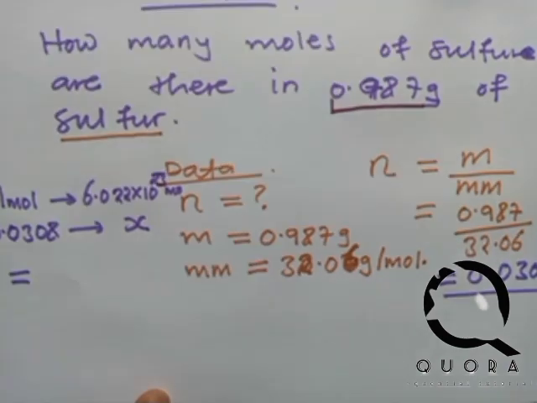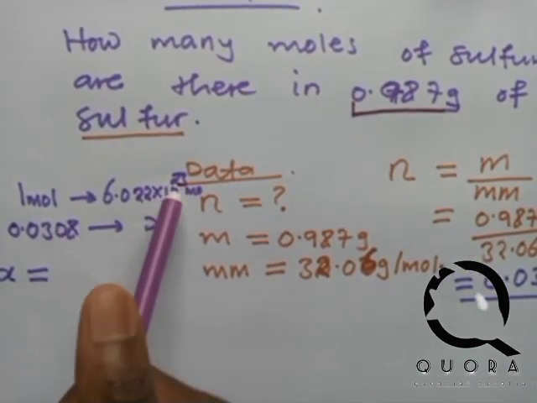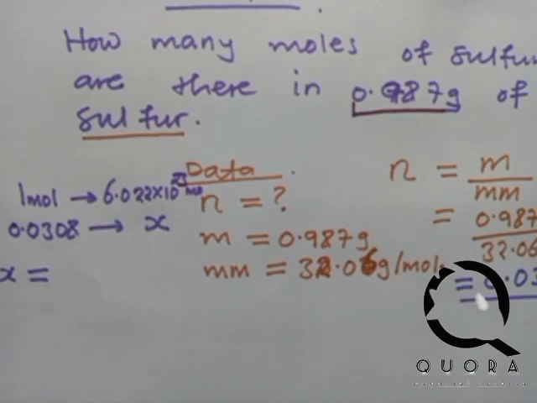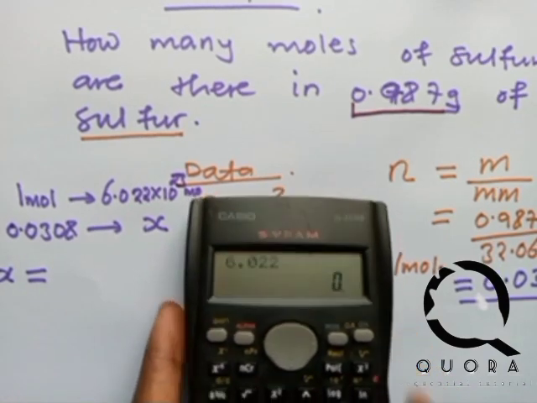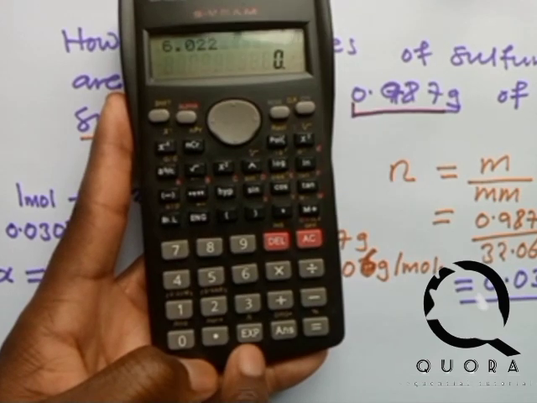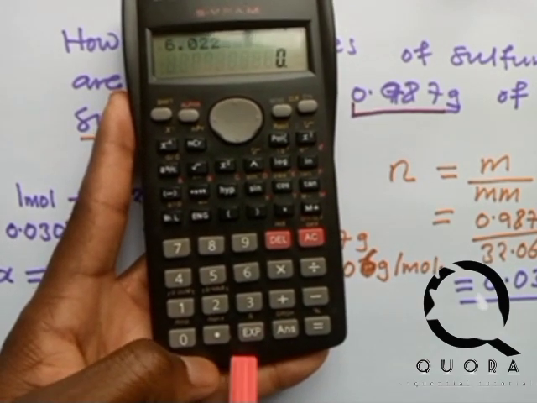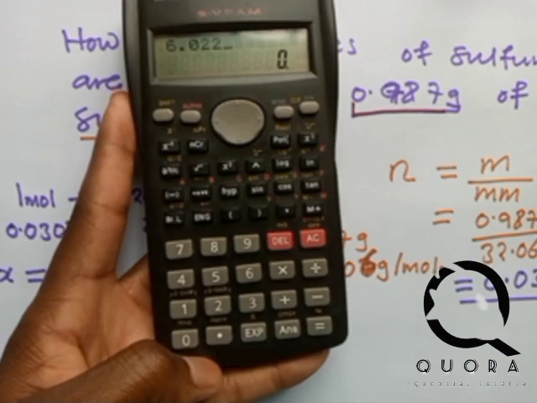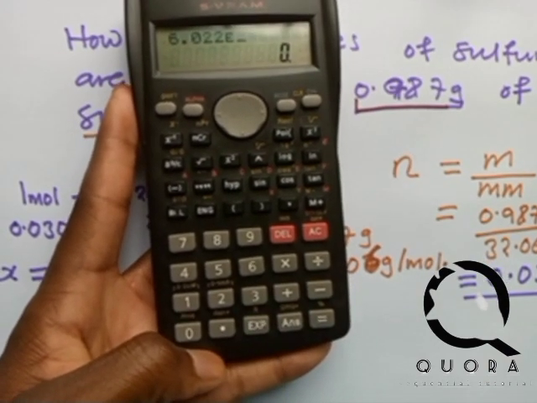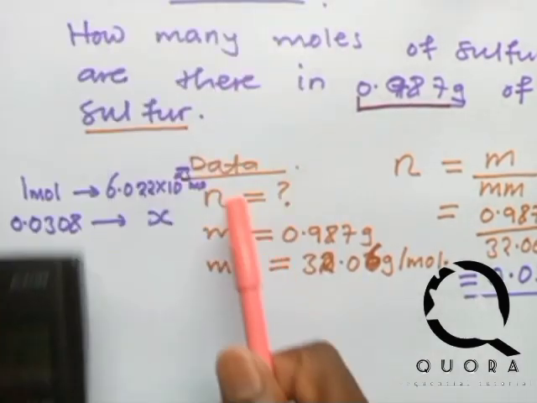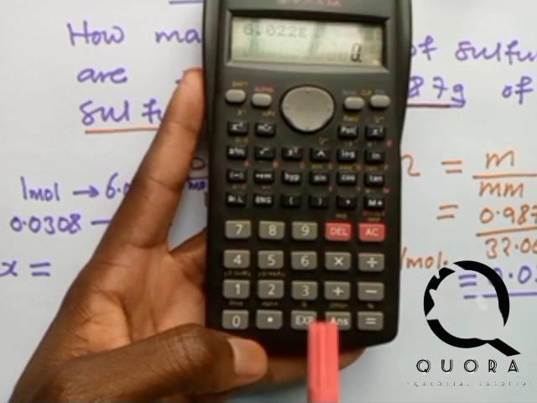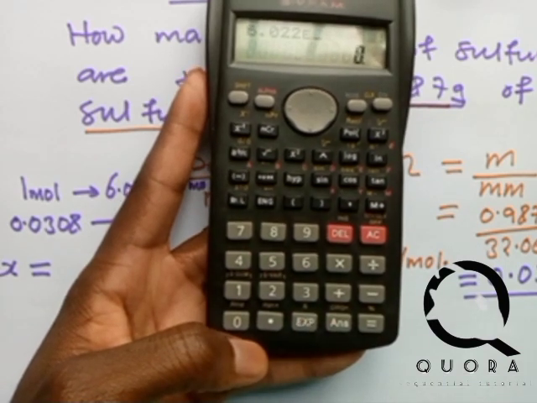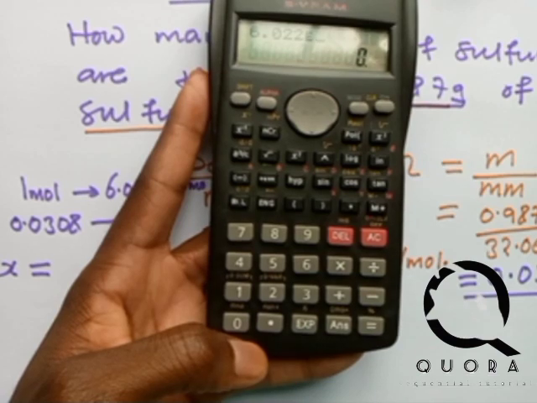You multiply this by that, and it will give you an answer. To punch this number, type 6.022, then look at the symbol given here, exp. It simply means exponential, and it is already expressed in the form of times 10 to the power.